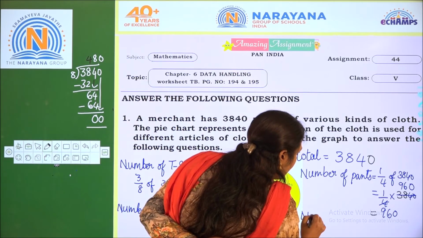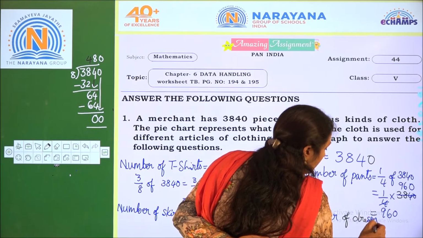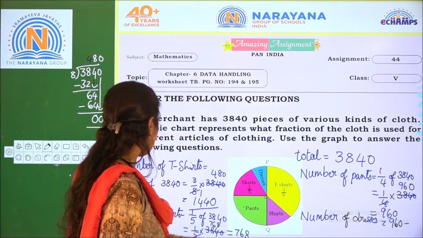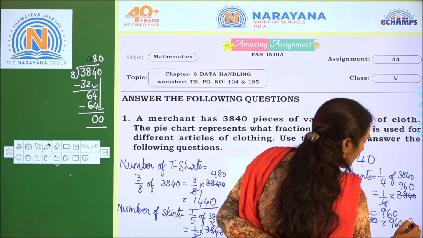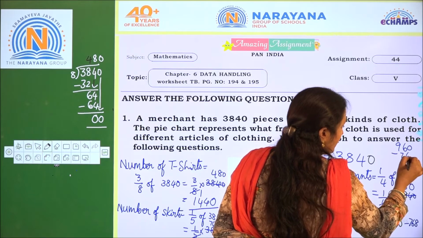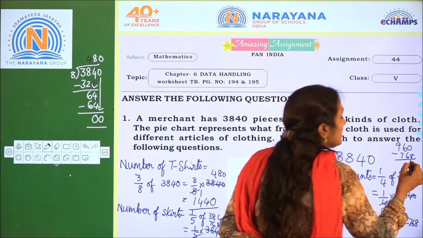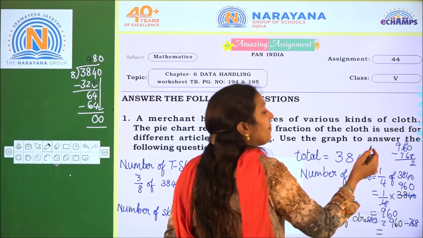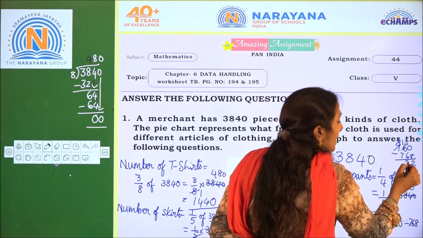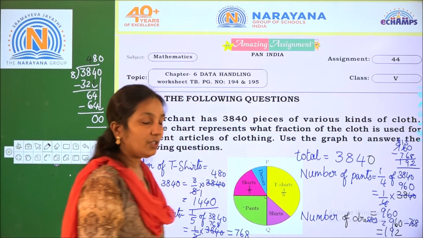So the number of dresses is equal to 960 minus the number of skirts, 768. 960 minus 768 is 192. Got it? Next one.